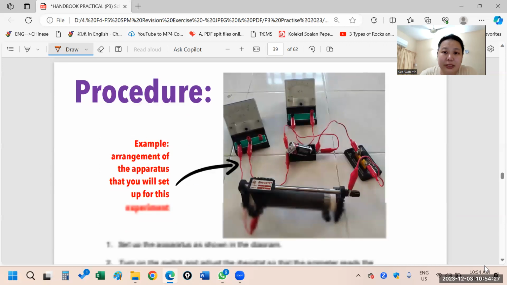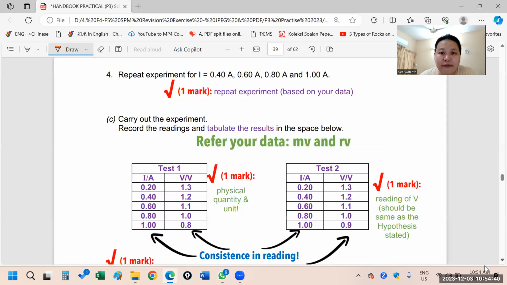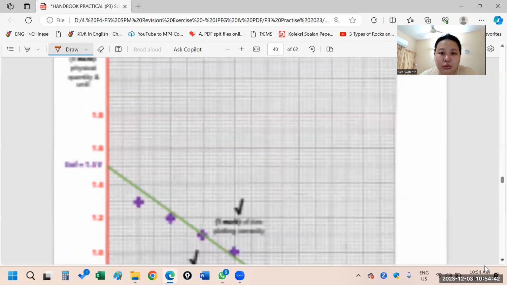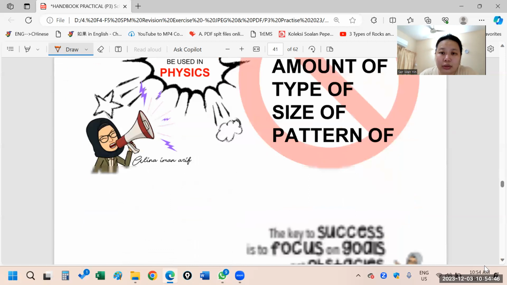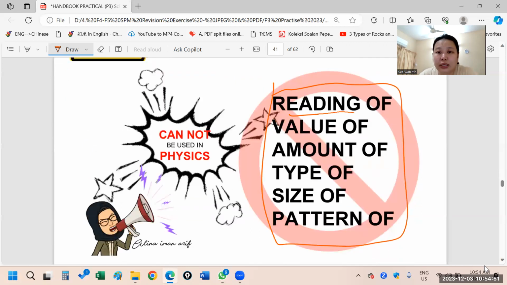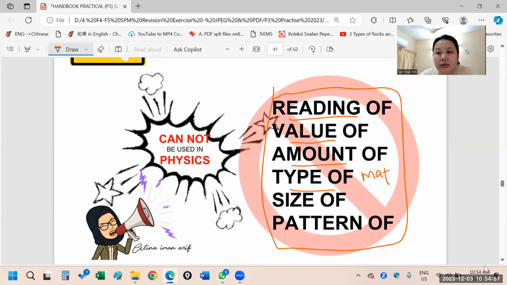All right, now the procedure. Example of arrangement of apparatus. When you set up, I advise you, remember, we cannot state the type of material for the wire.